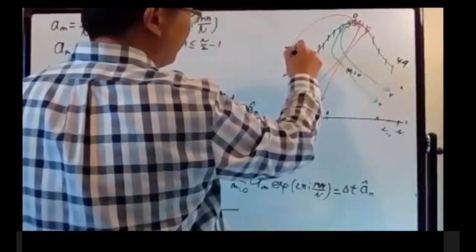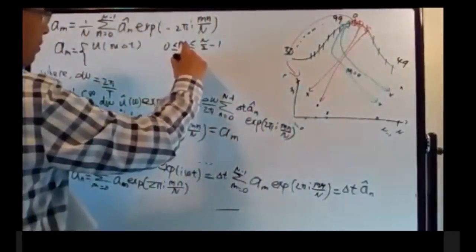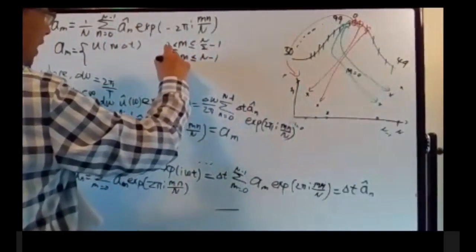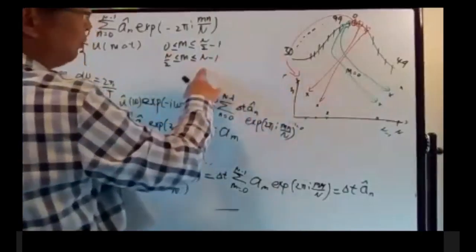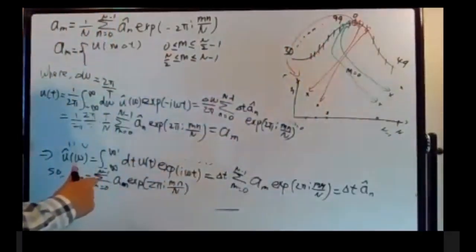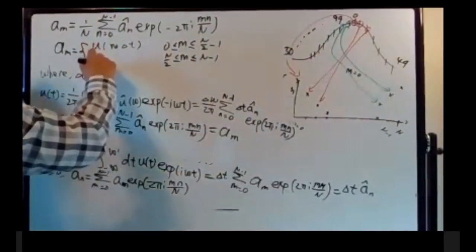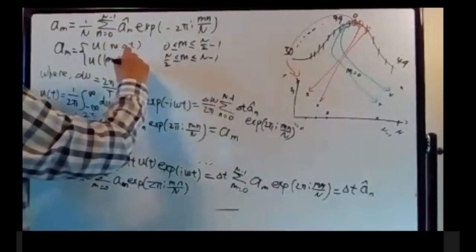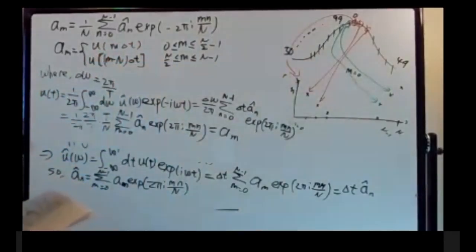Then we have 50 up to 99, so m is greater than or equal to N over 2 and less than or equal to N minus 1. That is u of (m minus capital N) times delta t.